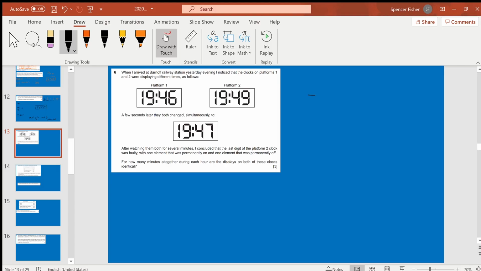So we have 6, the 9. Okay, so let's see what's similar. Okay, so we have the top horizontal, this side, middle horizontal, here, here, here, here.